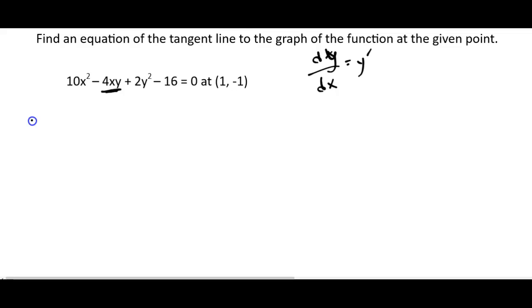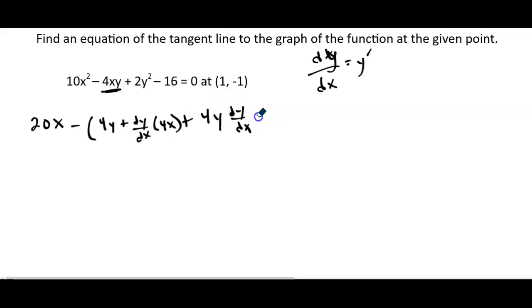So you have 20x, and then the product rule right here is going to give us the derivative of negative 4x is negative 4 times y, plus the derivative of y, dy over dx times negative 4x. And then we continue right here, the derivative of 2y squared is 4y dy over dx. And then minus 0, the derivative of 16 is 0, equals 0.